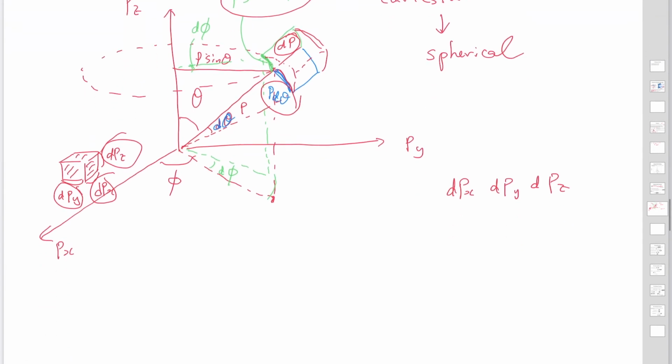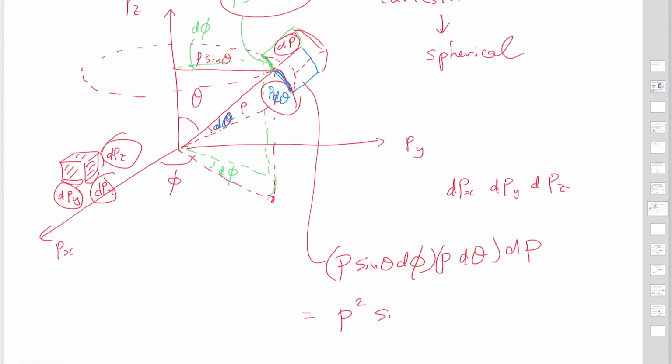In the spherical coordinate, you multiply p sine theta d phi, p d theta, times dp. So the integral is expressed as p squared sine theta dp d theta d phi. Okay, this is an integral over the spherical coordinate.